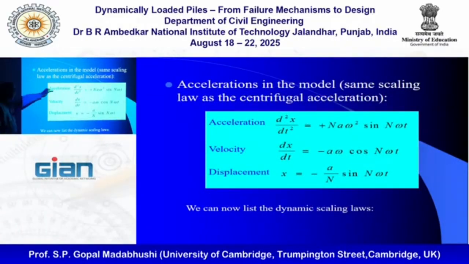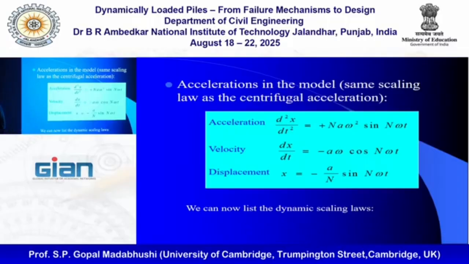I can match the acceleration and I can match the displacement perfectly, but I can only do this if I shake my model n times faster than the actual earthquake frequency. This is a very simple way to demonstrate why frequency in the centrifuge test has to be n times bigger, just to make the whole set consistent.